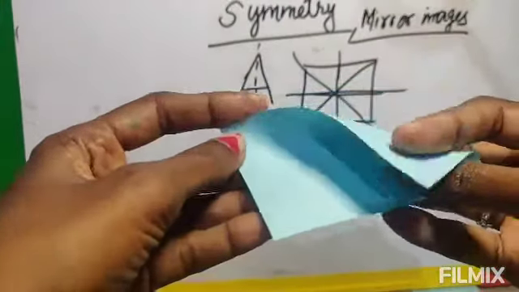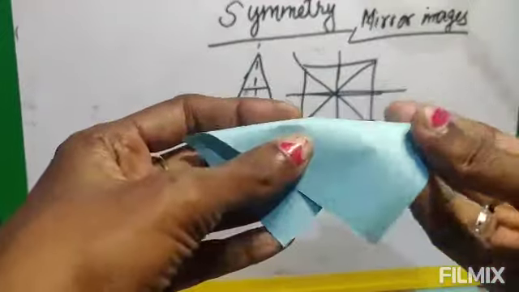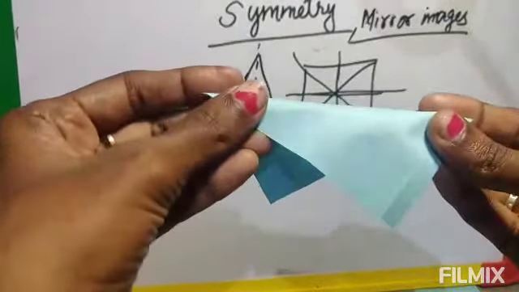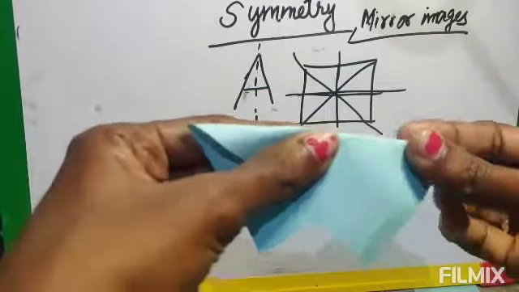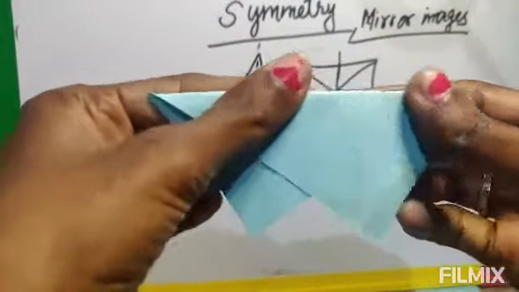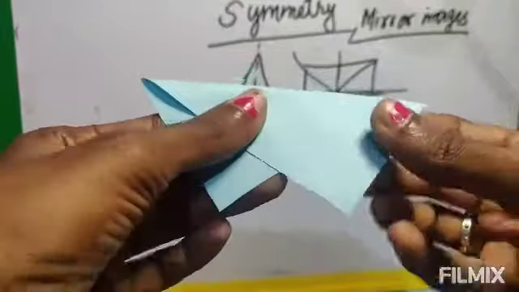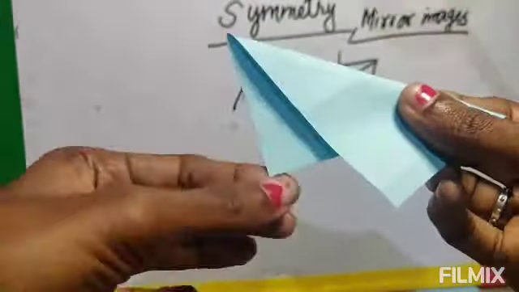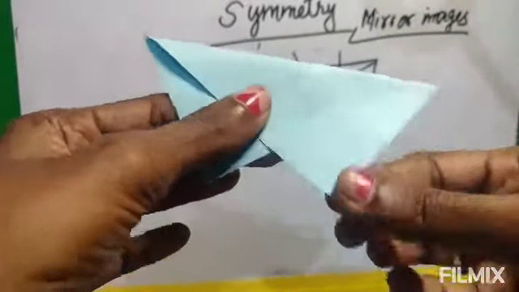But suppose I fold it diagonally, these corners, like I folded the square that way. If I fold like this, you can find this is not perfectly fitting on each other. See, one corner is here, another corner is here.